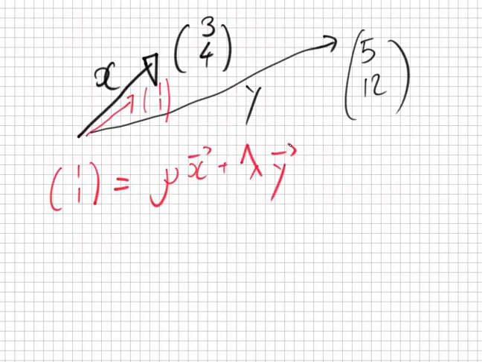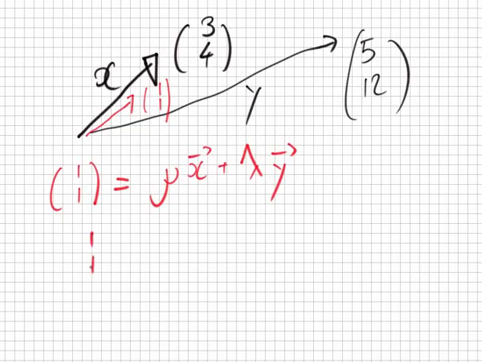So what am I doing? Well, it's like I'm changing the base. It's like instead of using i's and j's, I'm using vector x and vector y. Because remember we said before that you only need 2 vectors to describe everything in 2 dimensions. So the question here is, what is the lambda and what is the mu?